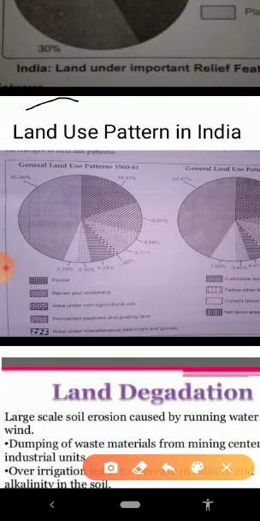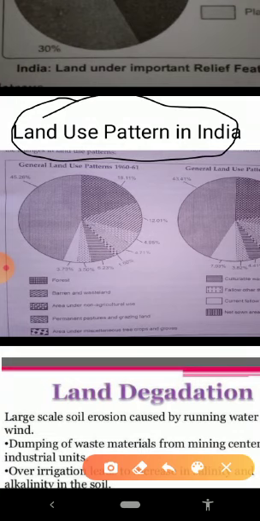So, with regard to the land use pattern in India, all of you know that the land on which we live and perform various activities has been put to different uses according to our requirements, needs, and aspirations, available technology, and capital input.